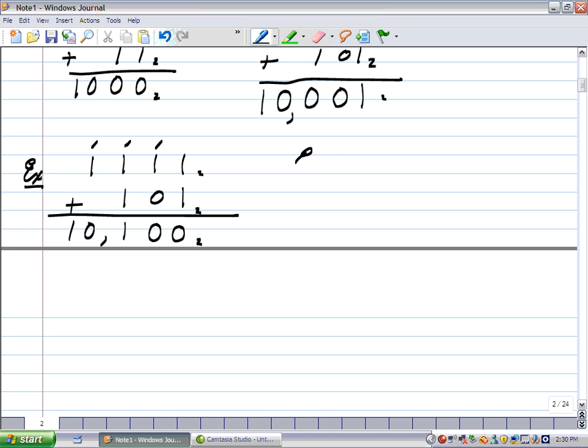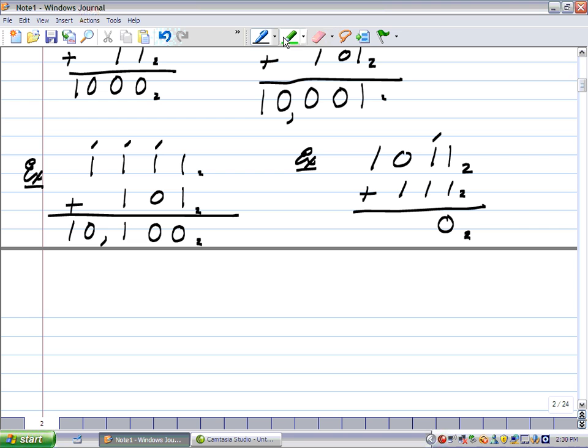Okay, let me give one for you to try, and then you can pause and try it on your own. 1, 0, 1, 1 plus 1, 1, 1. Okay. 1 plus 1 is 1, 0, so put 0 and carry 1.